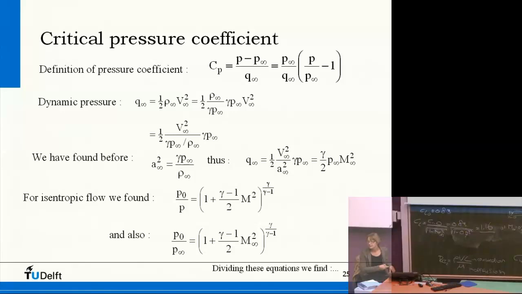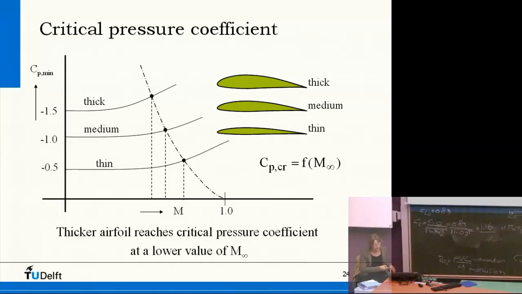Yes? The critical pressure coefficient is the pressure coefficient at which you will have Mach 1. So it's the counterpart of the critical Mach number in a way.